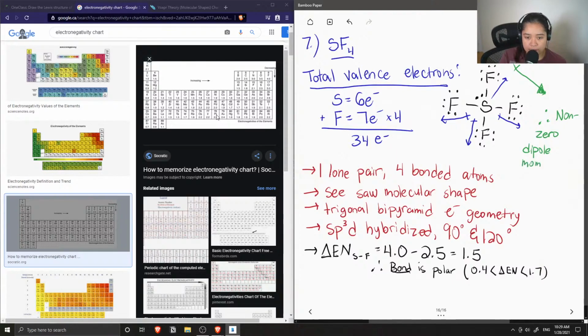And this is because of the structure of our molecule, which is trigonal bipyramid. So this tells us that sulfur tetrafluoride is a polar molecule as well. Not only are the sulfur-fluorine bonds polar, but because they don't cancel each other out, we have ourselves a polar molecule.